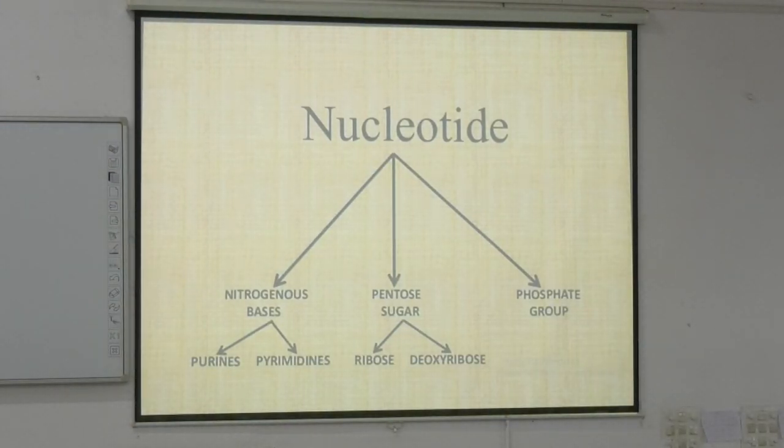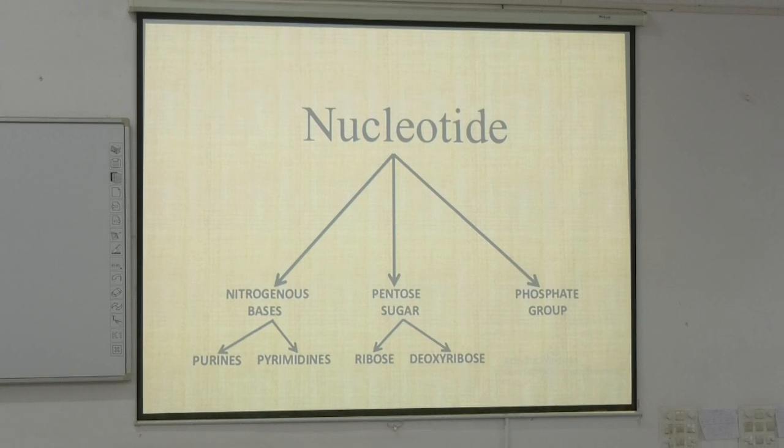This is very important, nucleotide, a short note question. Short notes: nucleotide. What is nucleotide? It is a combination of three components. There are three components present in a nucleotide: base, sugar and phosphate.